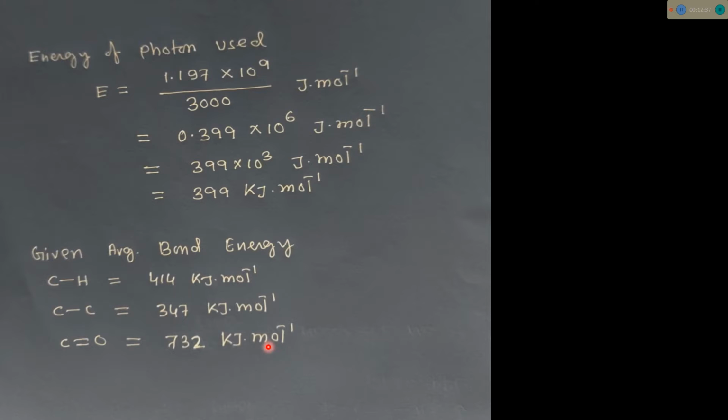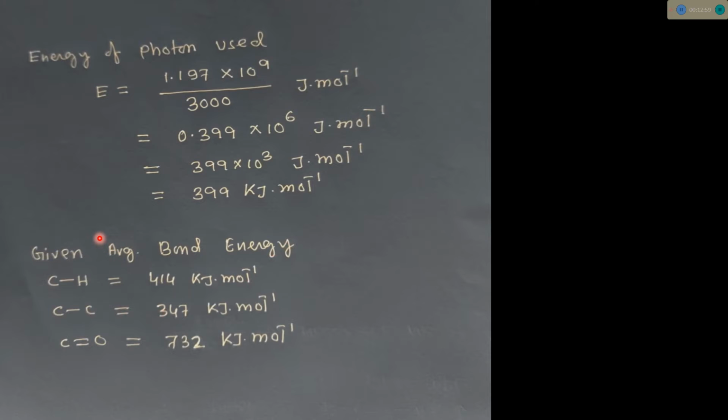But we are using a light. Now we don't have to consider the wavelength; we are considering the energy. We calculated the corresponding energy of the wavelength used, so we are using a light whose energy is 399 kilojoule per mole.